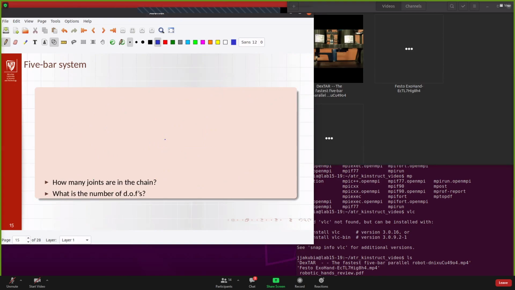Okay, so let's get to the 5-bar system, and the 5-bar system will look like that. Okay, so we have again 2 attachments, and we have, let's say, 1 part here, we have the second here, third, and the fourth one.